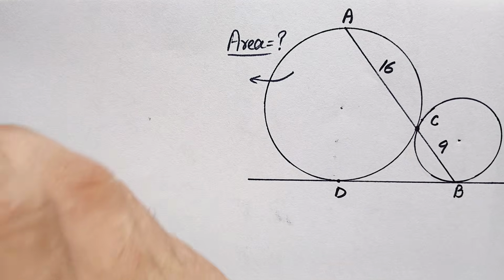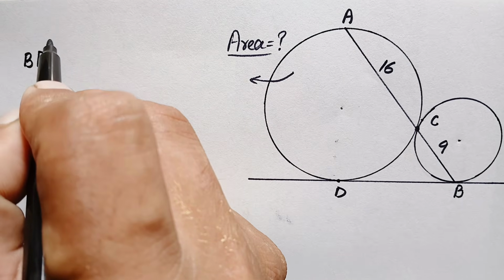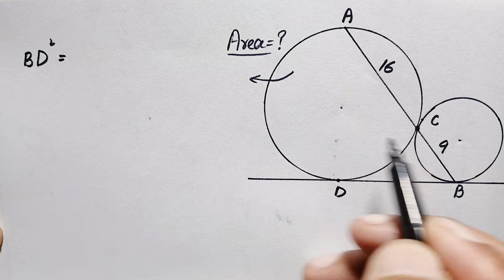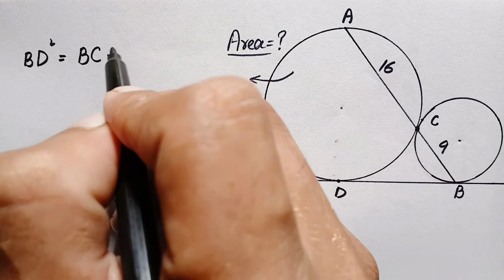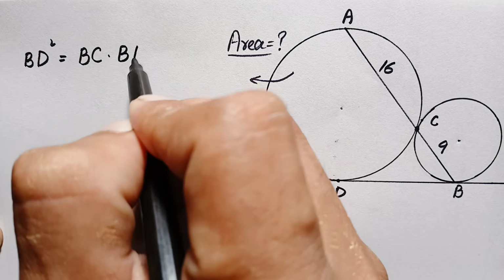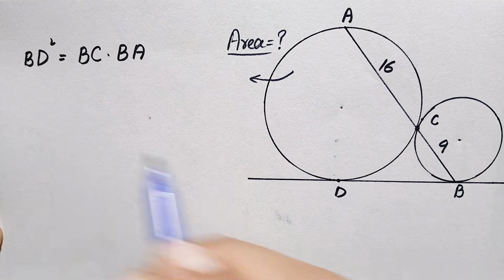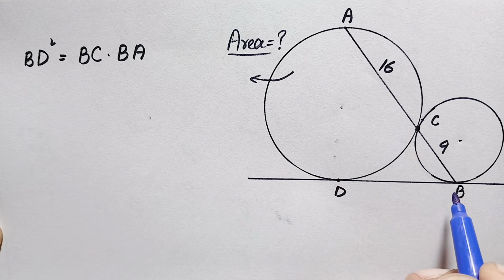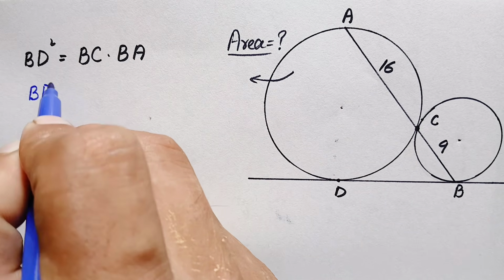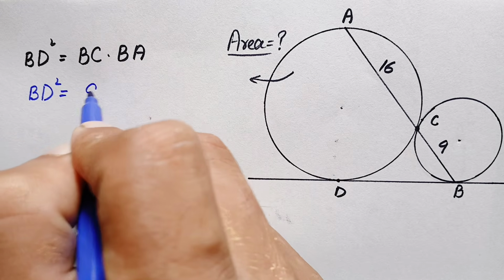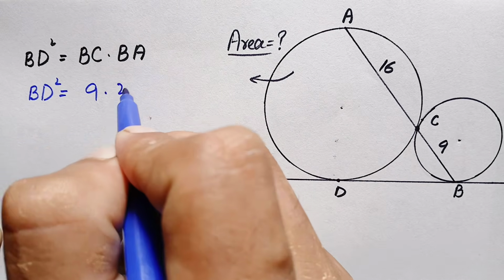So here we can write the square of BD equals BC times BA, and we will find the value of BD. We substitute the value of BC, which is 9 units, and the value of BA, which is 16 units. So BD squared is equal to 9 times 25, since 9 plus 16 is 25.